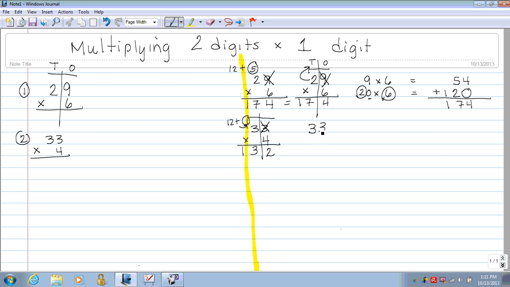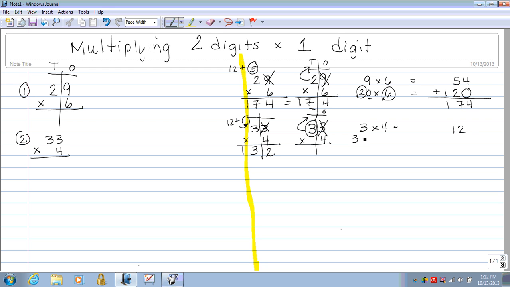If I do it the second way, again, here's my ones and tens. I multiply my two numbers in the ones place value, 3 times 4, and that equals 12. Cross out that 3. Now I am multiplying 4 times 3. But again, remember, boys and girls, the value of this 3 is not just 3, but 3 tens.